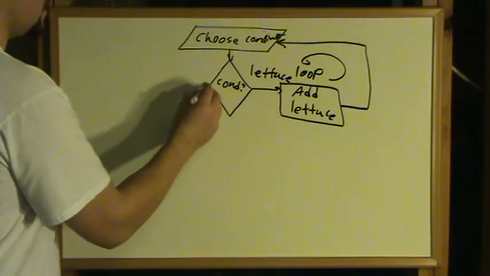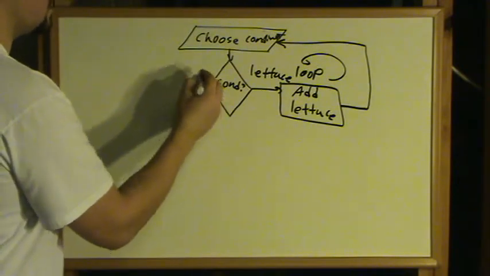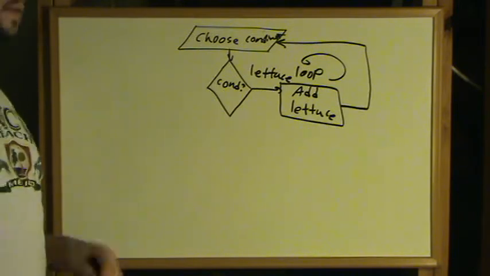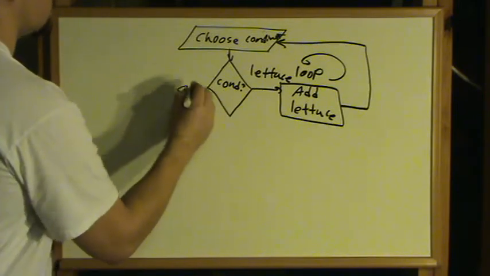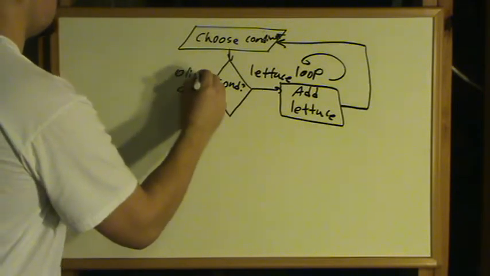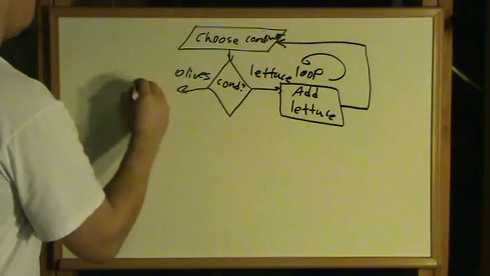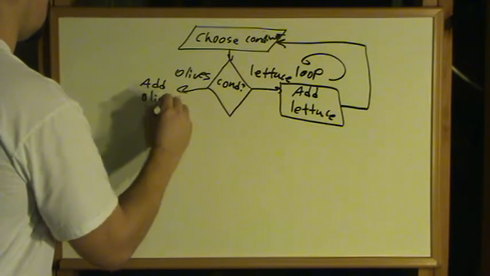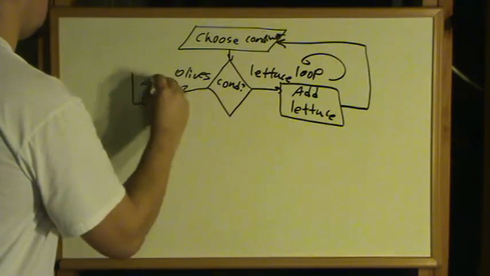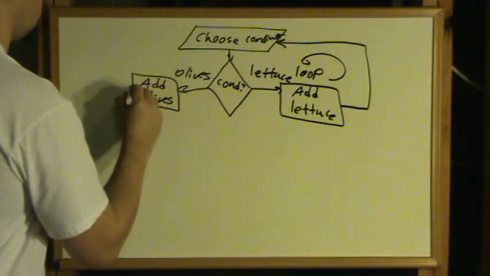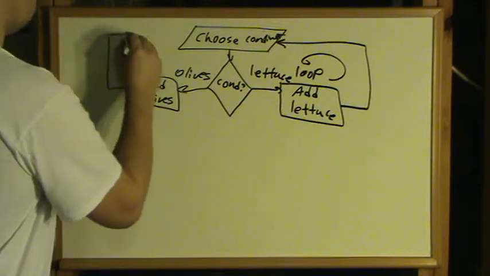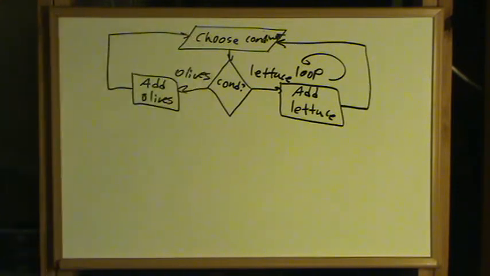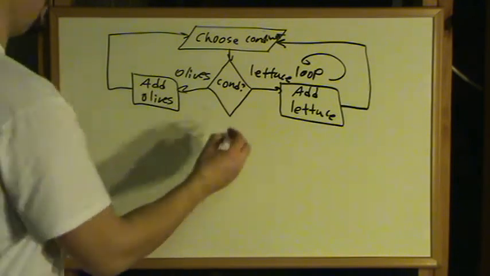We ask again, and say, my next condiment is olives. So let's have another choice here, olives. What do we do after we have made that choice? We go back and we ask the user again, do you want a condiment?